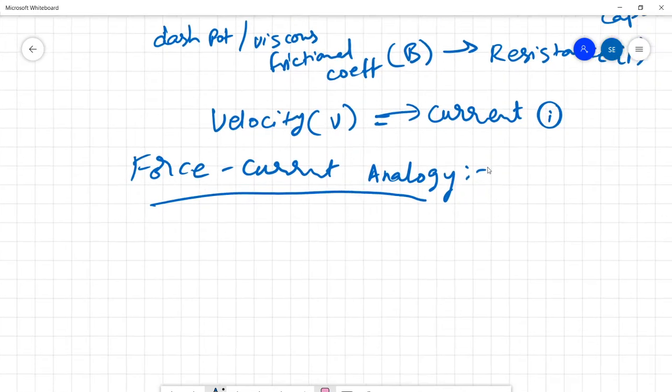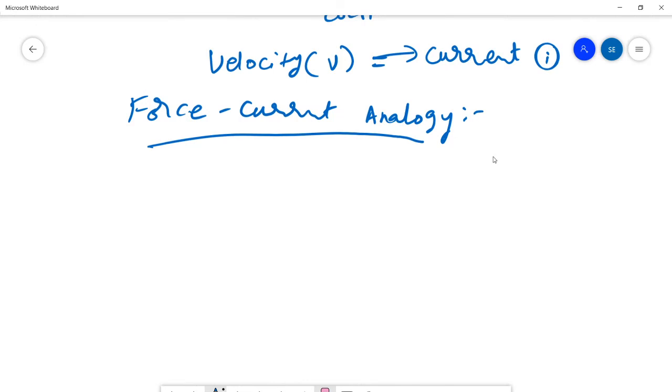When you are writing current equations, what we do in circuits is take KCL, right?